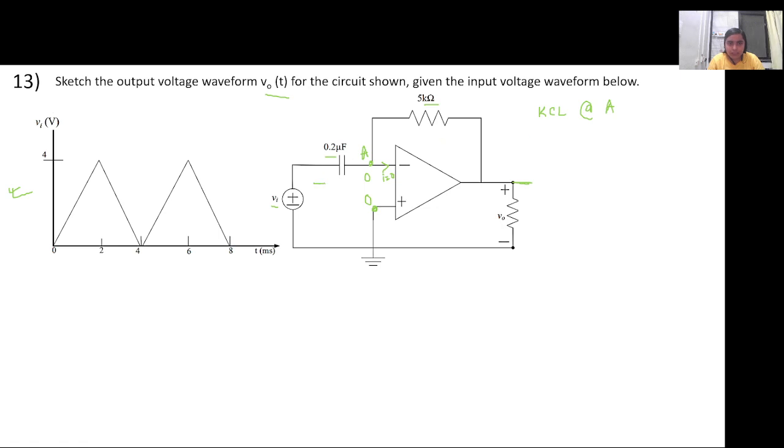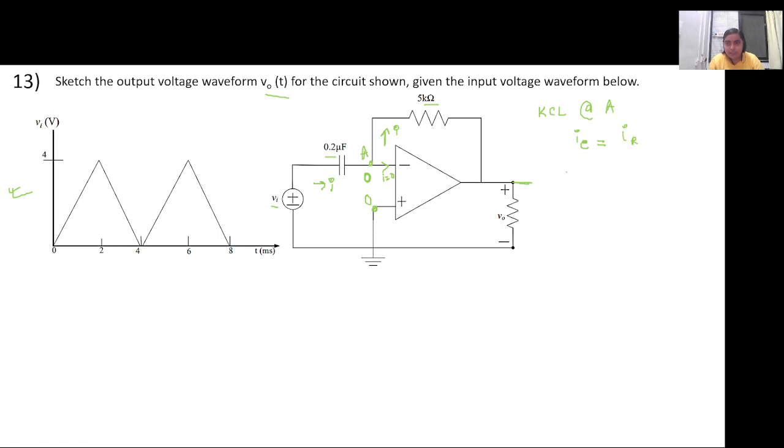Whatever the current here will be flowing in this particular branch I, and this is 0 volt. So the current that is flowing through the resistor will be equal to the current flowing through the capacitor.